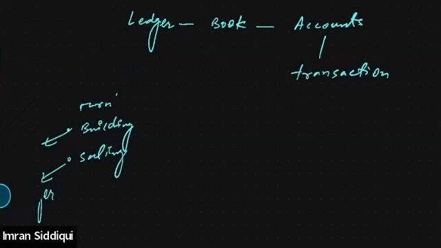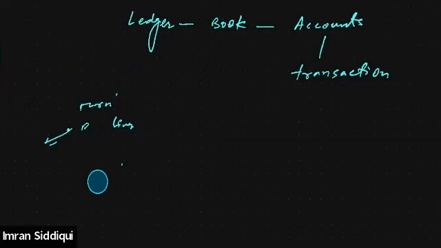All related and similar transactions are recorded separately. That means we will be maintaining a separate ledger for the purchase account, a separate ledger for sales, and for building, furniture, and so on. So this is how we can define the ledger.